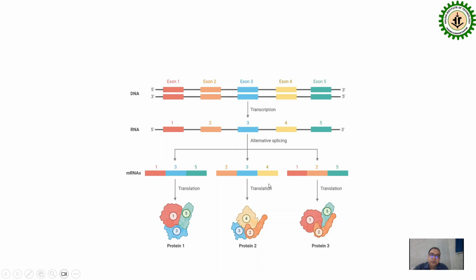Then in the last one, exon 1 is there, exon 2 is there, exons 3 and 4 have been skipped, and exon 5 is there. So this also makes a truncated protein, and we get 3 different proteins: protein 1, protein 2 and protein 3. So this is an example of alternative splicing.